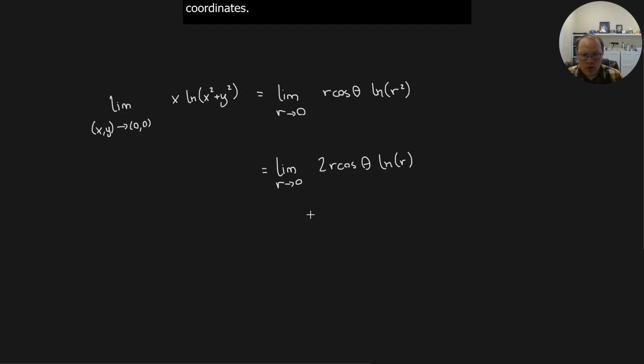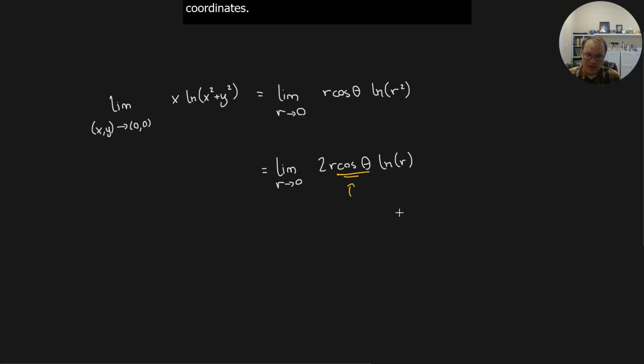Okay, now notice our limit is only as r approaches 0. We're only thinking about what's happening as r changes. So in terms of the limit, 2 is certainly a constant, right? So I could pull that out of the limit, but also cosine of theta. Theta is independent of r, so I can think of it as a constant relative to r. I only care about what's happening as r is changing.